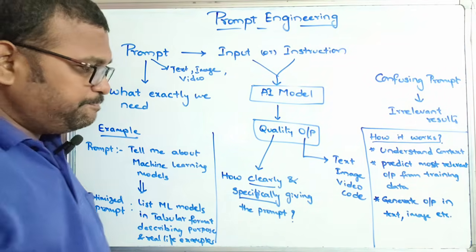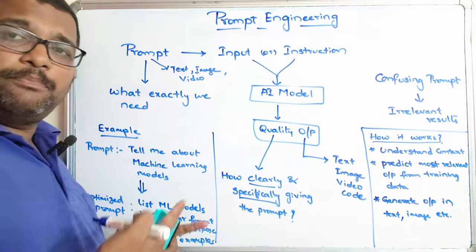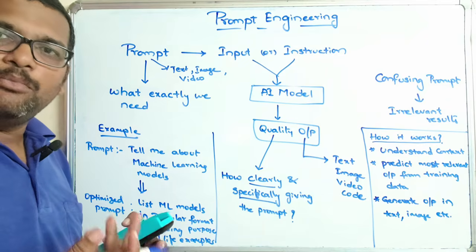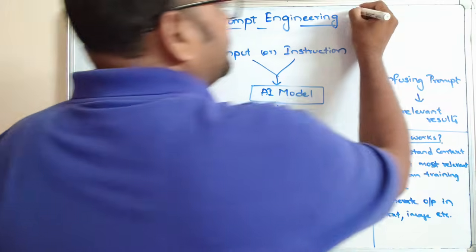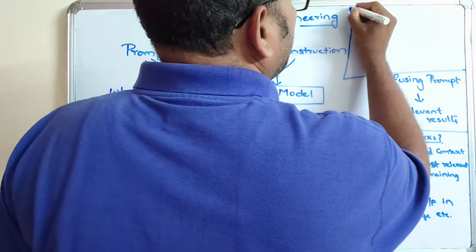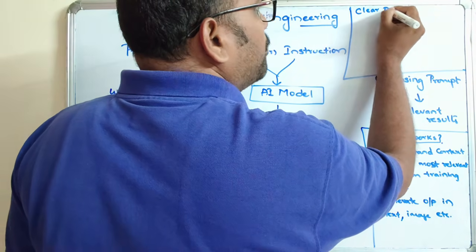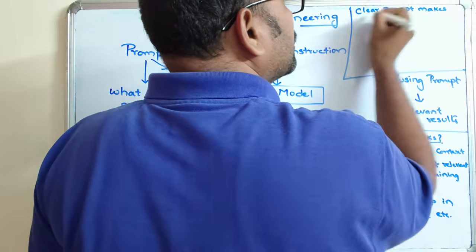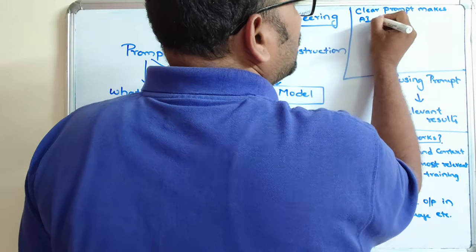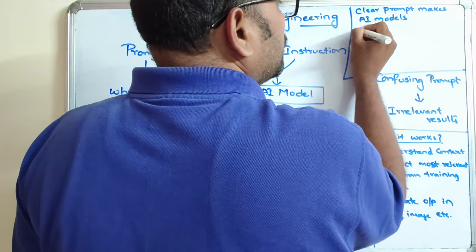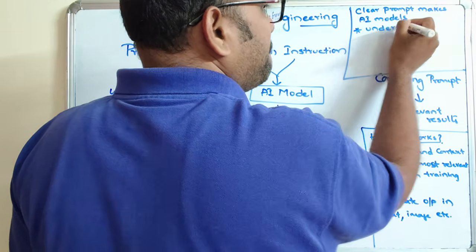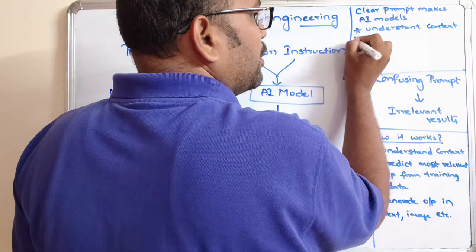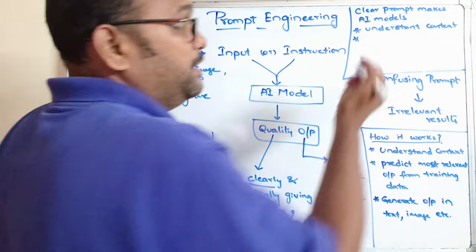Okay, and also if you clearly specify the prompt, it will make the AI models understand. So a clear prompt makes AI models understand the content and how the output should be, right?